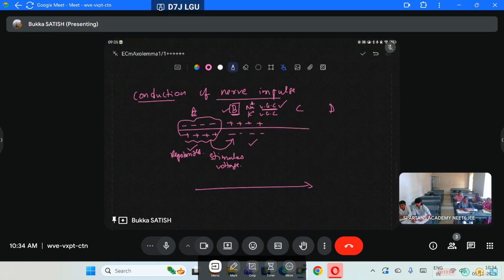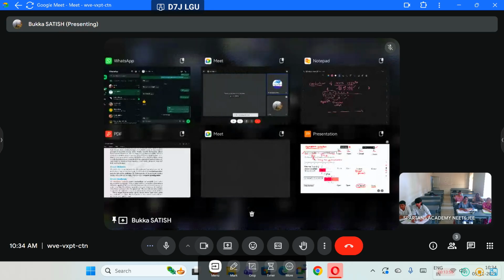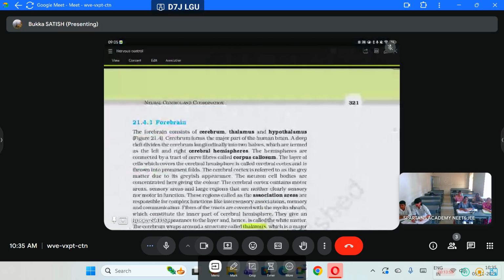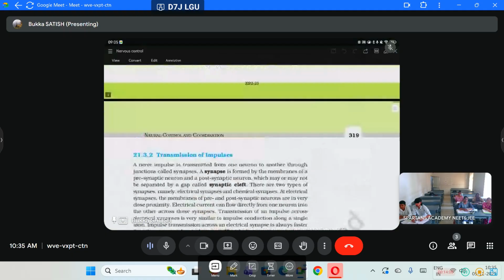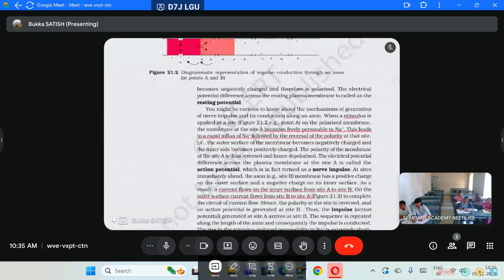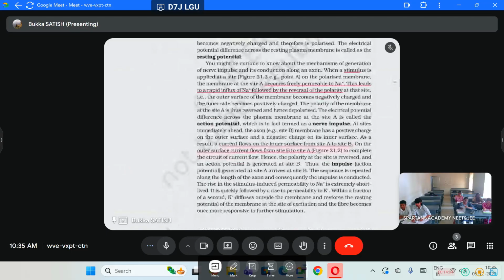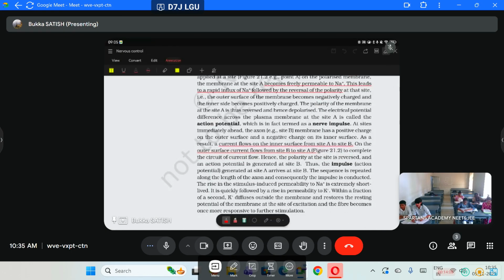So instead of giving this explanation, I'm just giving you the textbook one. Just write this line. This line is about conduction.